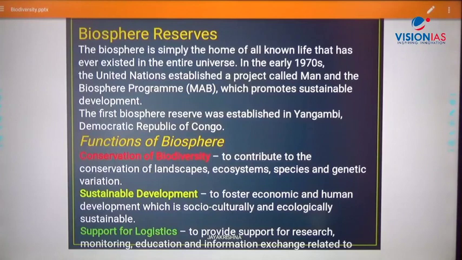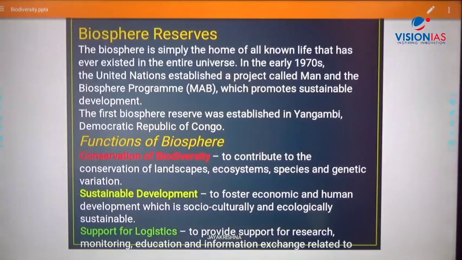When it comes to India, which is the first biosphere reserve of India? It is the Nilgiri Biosphere Reserve. Could you understand? Indian first national park, Jim Corbett. First biosphere reserve is Nilgiri Biosphere Reserve. Whereas the first biosphere reserve of the world is Ngambia of the Democratic Republic of Congo.